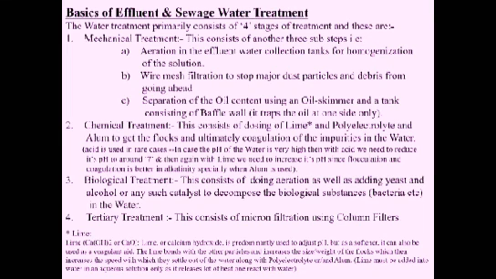This consists of another 3 sub-steps: aeration in the effluent water collection tank for homogenization of the solution; it could have a stirrer also, in case the tank is smaller, as we had discussed earlier; a wire mesh filtration to stop major dust particles and debris from going ahead to the dosing tank; and then separation of the oil content using an oil skimmer, and a tank consisting of a baffle valve, which is the dosing or oil trap tank.